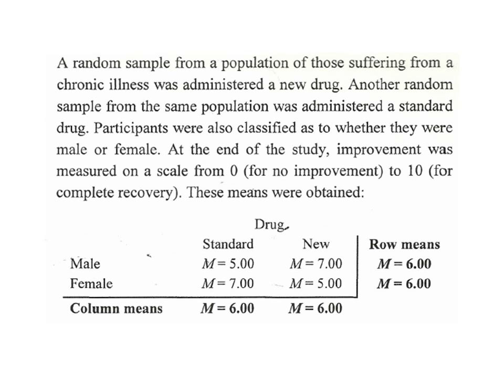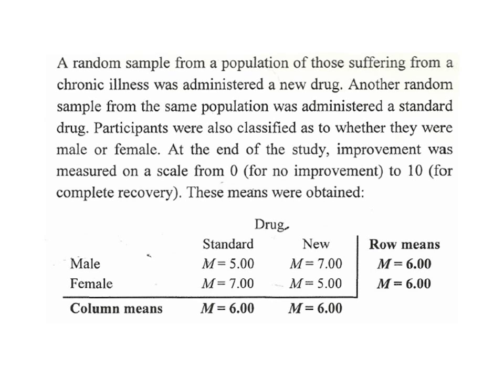So if we temporarily ignore whether the participants are male or female, and only look at whether they are on the new drug or the standard drug, there is no difference. And to say this, we would basically conclude that the two drugs are equally effective. And to state it from a statistical standpoint, we would say there is no main effect for the drugs.